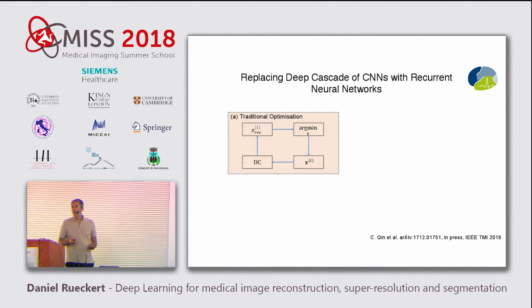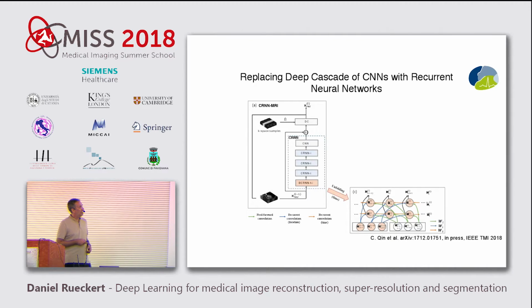But that means I should also be able to do this iteratively with a recurrent neural network. Okay? And the recurrent neural network, which we're using here, is quite interesting because it actually unrolls this problem in two different ways. If I show you this classical approach which we had before, which you saw on the previous slide, we unroll it in terms of time because we have multiple time frames in our cine sequence.